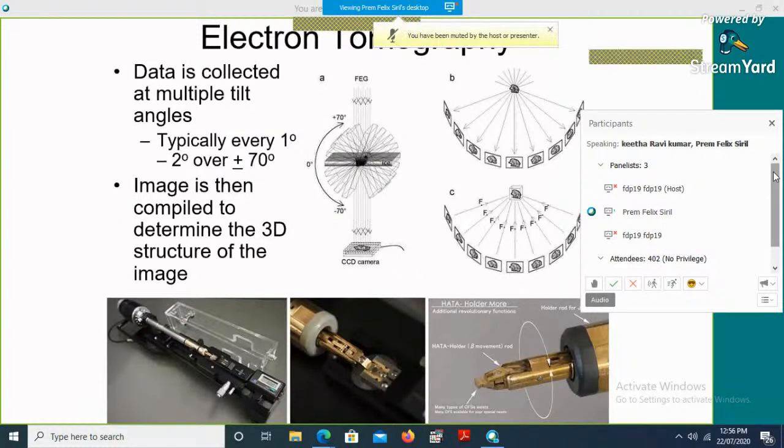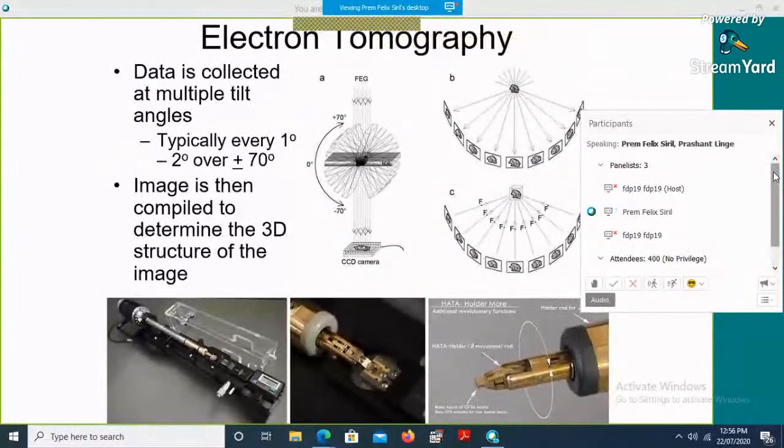So the latest advancement is electron tomography, where you take two-dimensional images in pixels, then with the help of image processing software, stitch these images together into three-dimensional images.